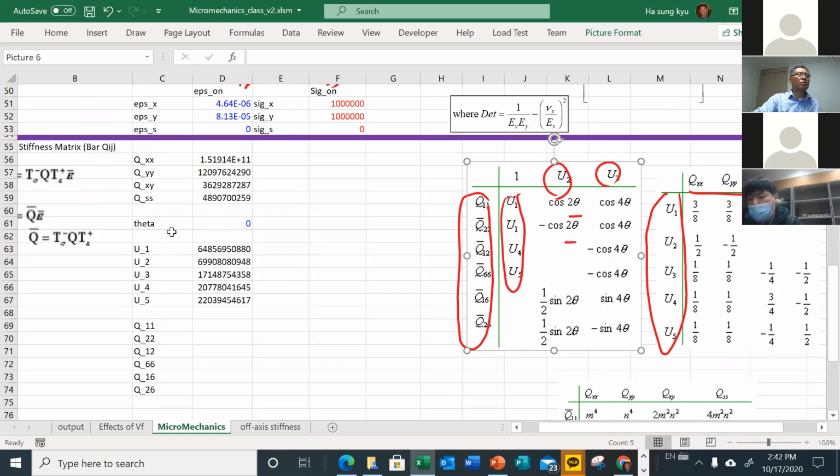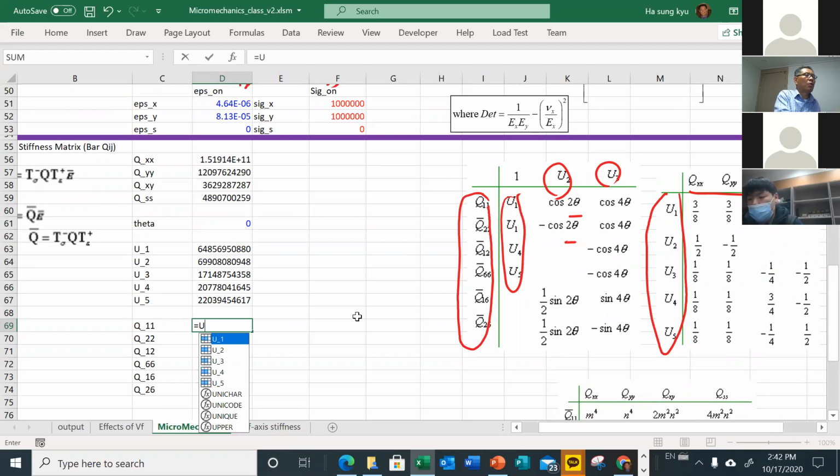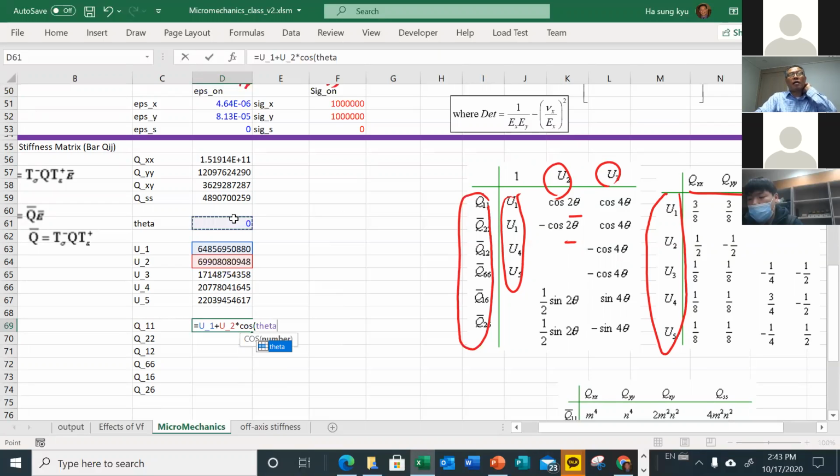Okay, so this Q11, see here, U1 times U1 plus U2 times cosine of 2 theta, but again, theta is in degrees.